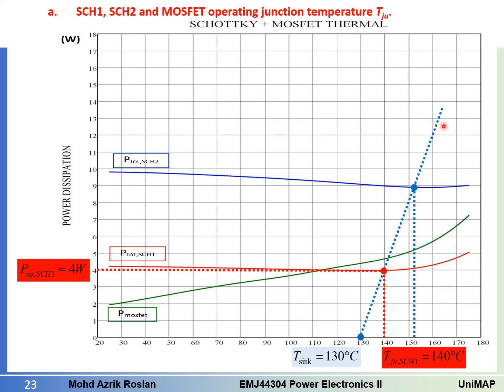At this point, the junction temperature of Schottky 2 is 152 degrees C. If you draw a straight line here, you will get 152, and the power dissipation is 8.9 watt for this one. Now we already have the junction temperature for Schottky 1 and Schottky 2, which are 140 and 152 respectively.